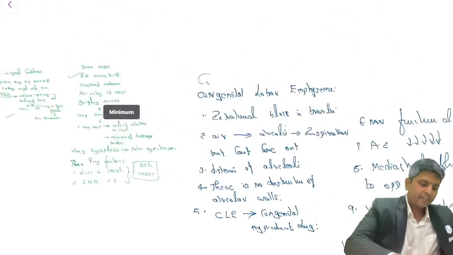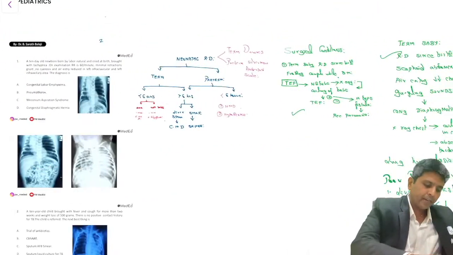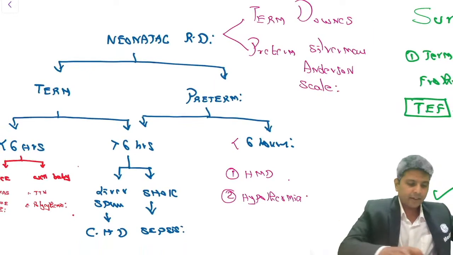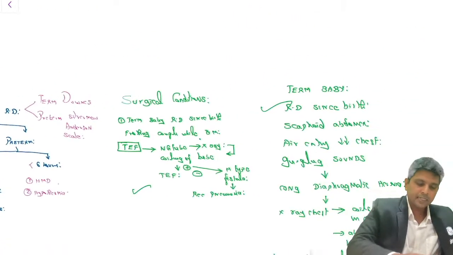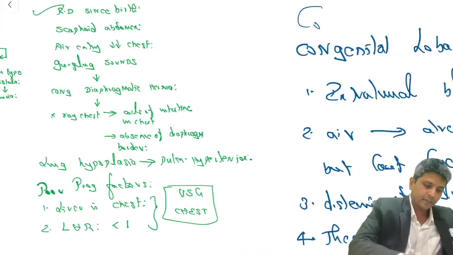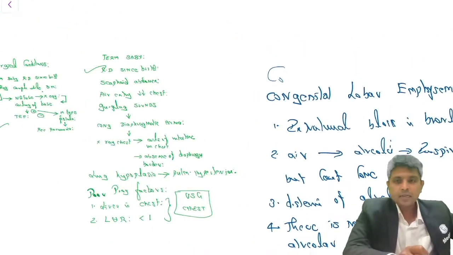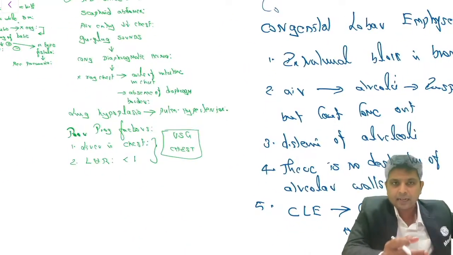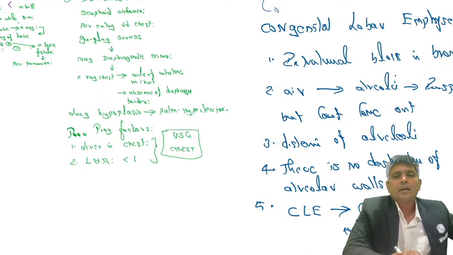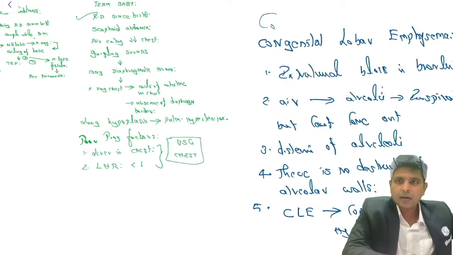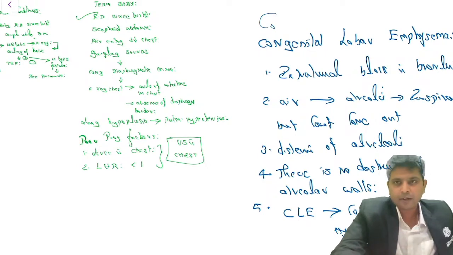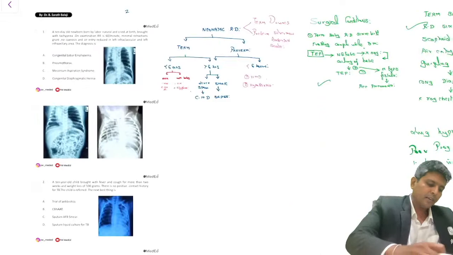Now, we have discussed some medical causes and some surgical causes. The surgical causes are congenital diaphragmatic hernia, tracheoesophageal fistula and congenital lobar emphysema. That's it, three cases.